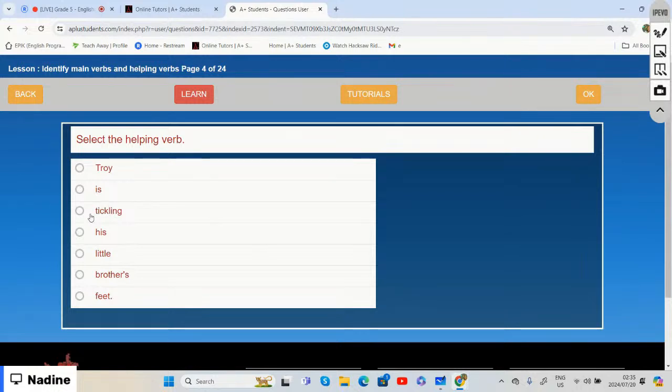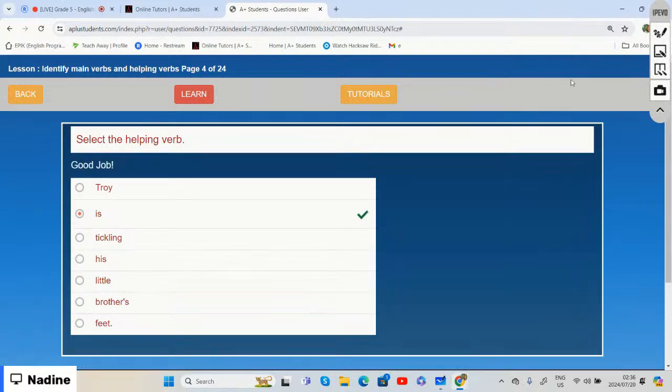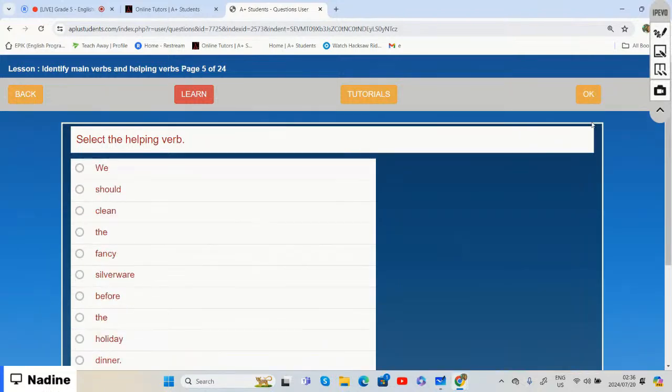So all we have to do is identify the helping verb, which comes before our main verb, and then we select our helping verb, which is is. So we say Troy is tickling his little brother's feet. So well done. Is correct.